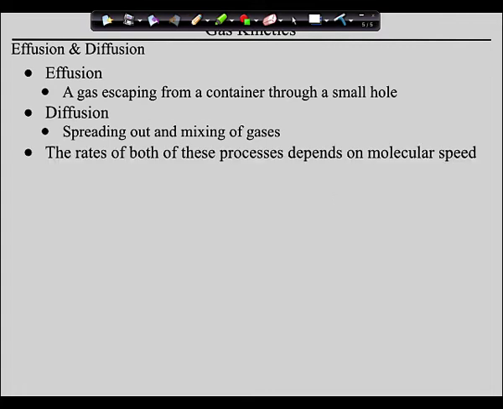Now guys, the trick is this. Both of these processes depend on the molecular speeds of the molecules. So let me show you, when you're caught up with me, I'll show you what I'm talking about. Are you caught up with me? How about now? Not yet. So guys, the idea is this.